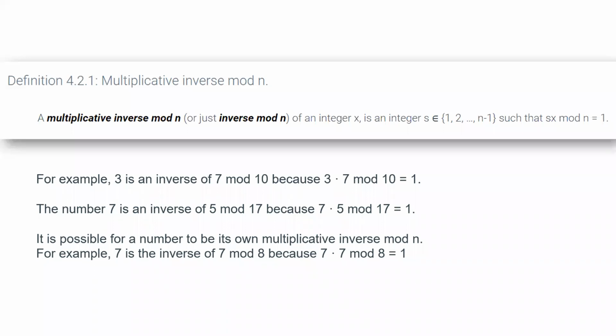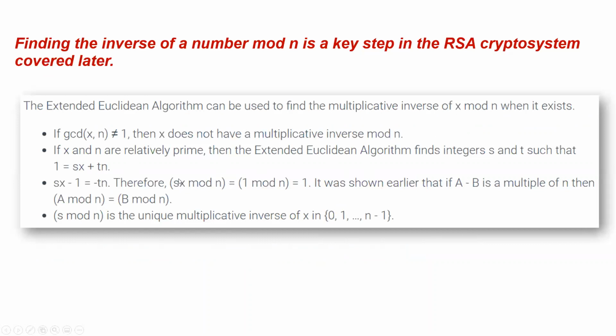Next time we'll start here, but what we're going to be learning how to do is the multiplicative inverse, which I said we need to know for this RSA cryptography. First I explain what it is and give some examples, and again, we'll talk about that next time. But it turns out that we have to use the extended Euclidean algorithm to find the multiplicative inverse, because if it's not relatively prime, then it's not going to have a multiplicative inverse.